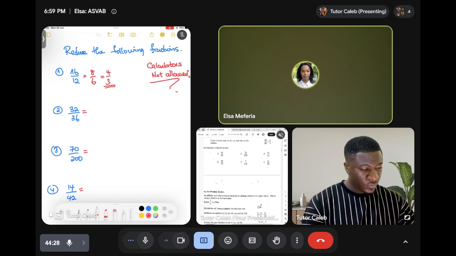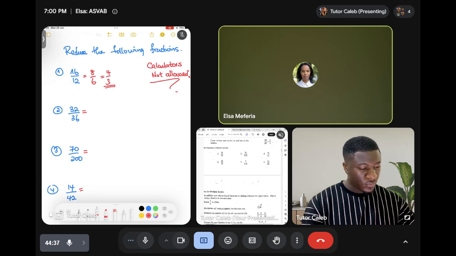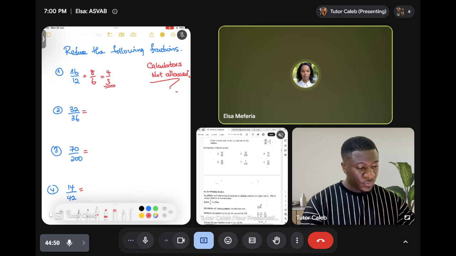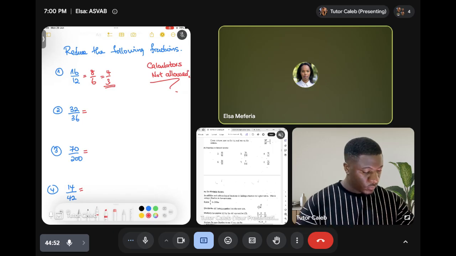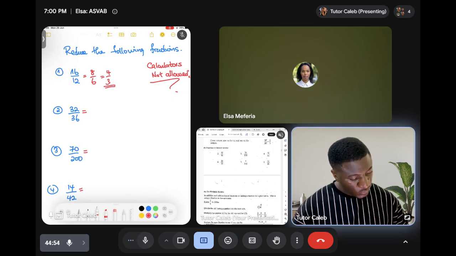Oh yeah, I can't do this. So I'm just going to go 36. 32 has to be by 4. So divided by 4, 32 is 8 here. Top 8, bottom will be, okay, 8 over 9.